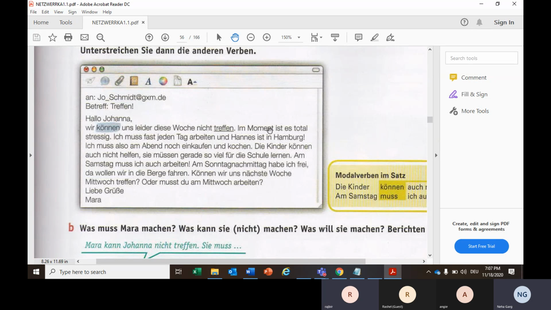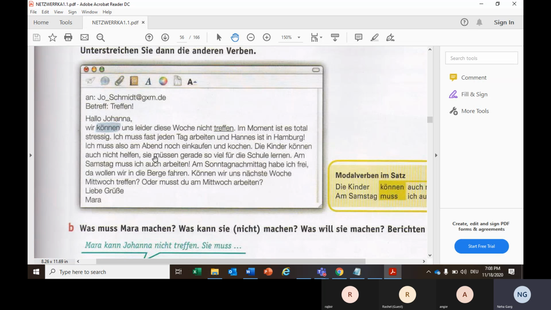Im Moment means at the moment. At the moment, that is totally stressful. Ich muss fast jeden Tag arbeiten. I must or I have to work almost every day. So fast jeden Tag, das bedeutet almost every day. Und Hannes ist in Hamburg. Hannes, maybe her husband, so he is in Hamburg.